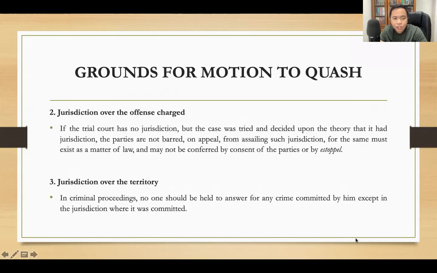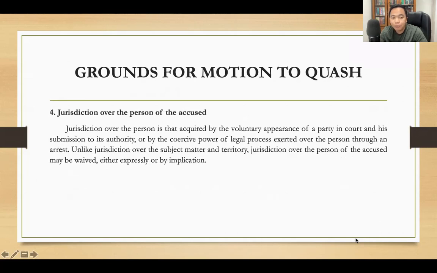Now, jurisdiction over the territory, class: if the crime has been committed abroad, then Philippine courts will have no jurisdiction over the territory, because criminal law is territorial in nature. Criminal law applies only within the Philippine territory, subject to certain exceptions under Article 2 of the Revised Penal Code on the extraterritorial application of Philippine criminal law.